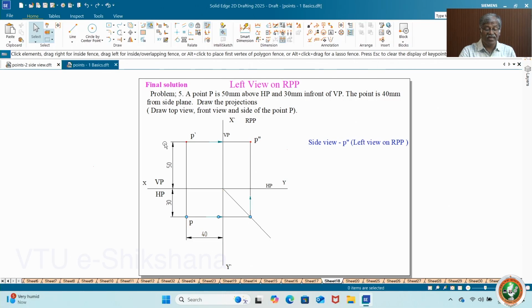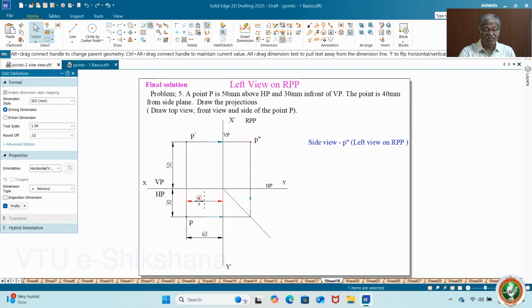You just observe here, I have taken dimensions outside the overall figure. You should not keep dimensions inside. See this 40, it cannot be like this. I will just show you. It cannot be like this at random.